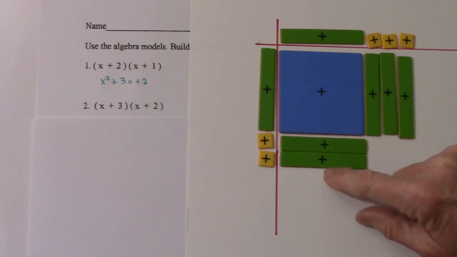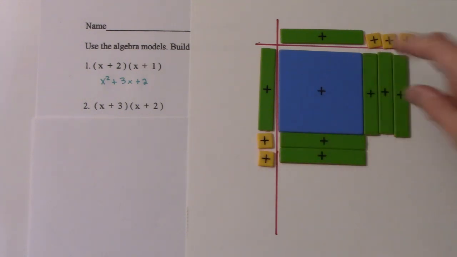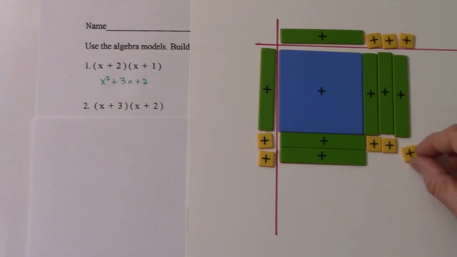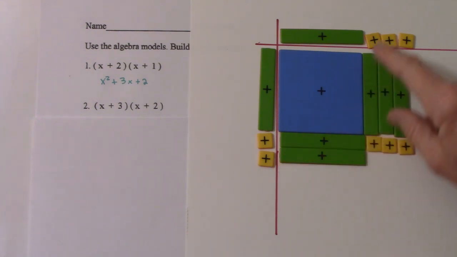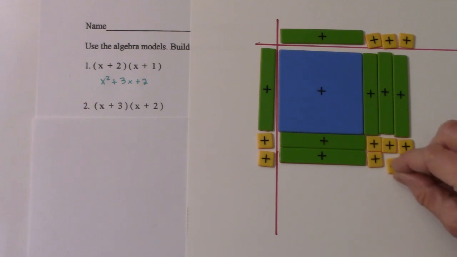And now here I'm going to consider the units. 1 times 1 is 1. And 1 times 1 is 1. I'll do it again. And here I have 1 times 1, and I get 3 more ones, 3 more units.